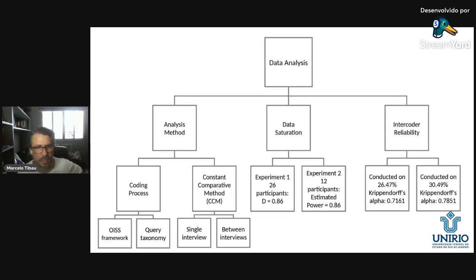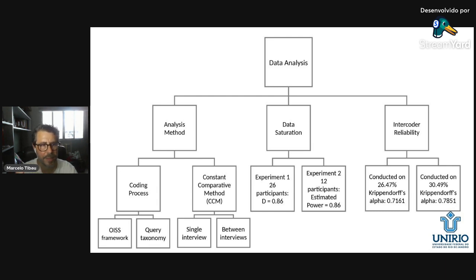For data analysis, the analysis method concerned a coding process using an online information search strategy framework with 35 indicators, but also a credit taxonomy that I developed during my master's research with 8 different query states.